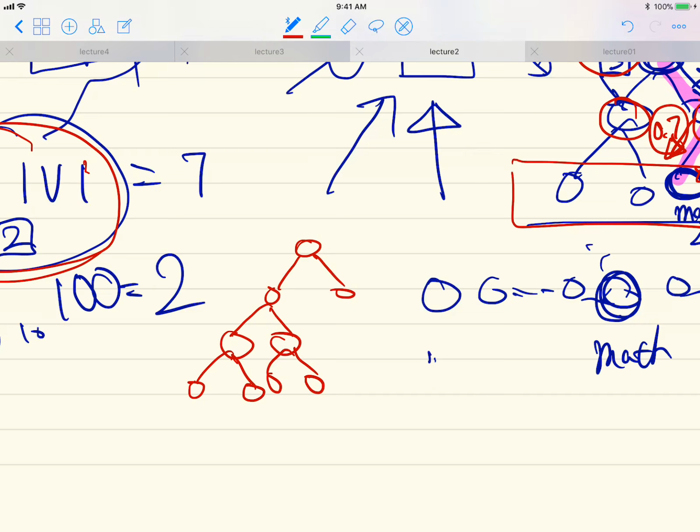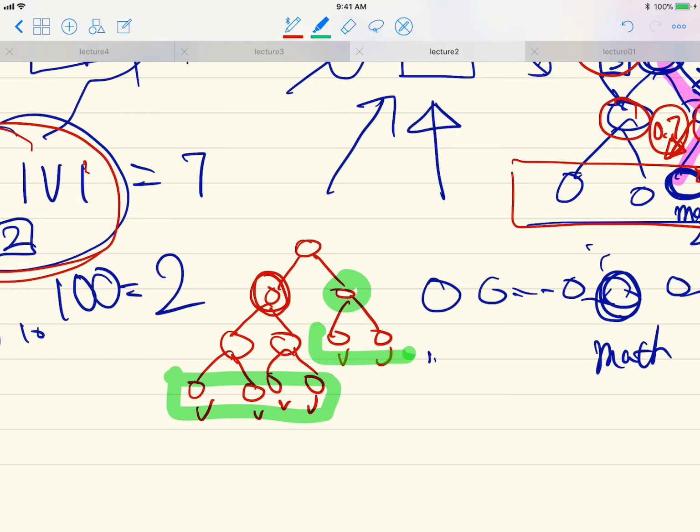But anyways, let's think about this tree. So we have 4 different words in our vocabulary, okay? And how many words are contained in this node? Of course, 4, right? But in this case, it is containing only the 2 nodes, right?